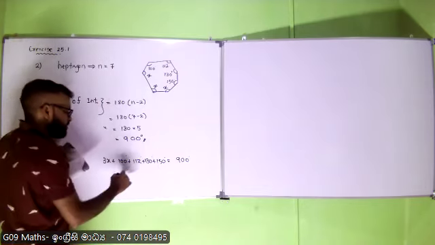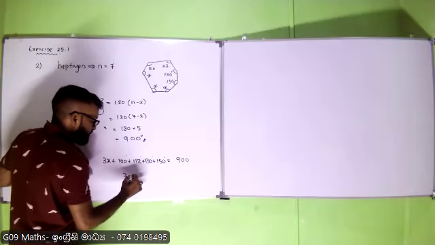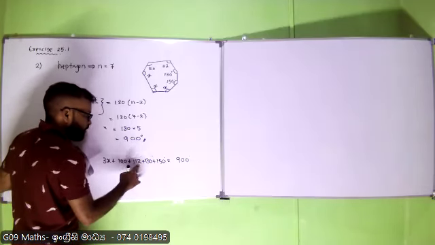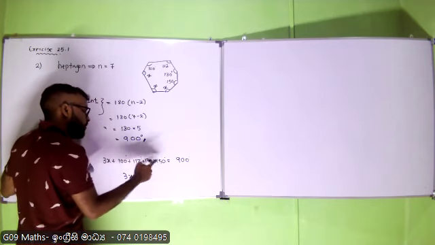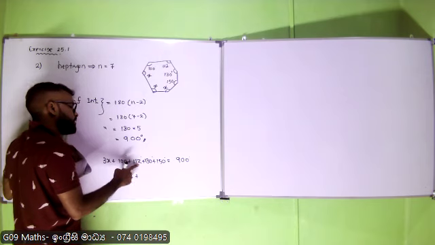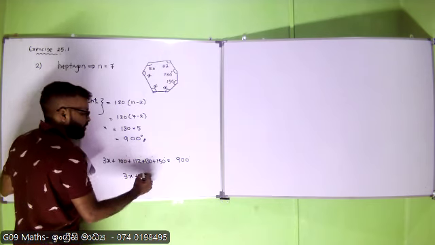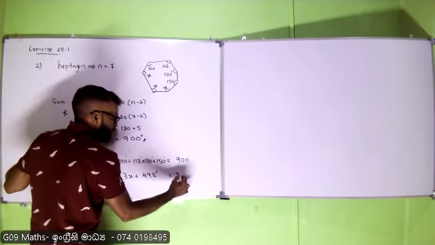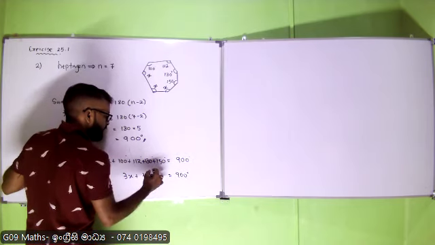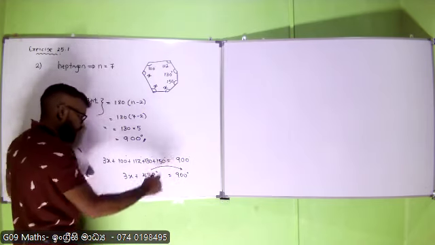So 3x plus 100, 200, 300, 400, 450, 480, 490, 492 equals 900 degrees. Take this to the other side and subtract.